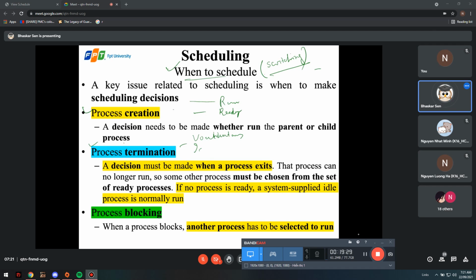Another one is involuntary. We already learned about that in the process part, right? Voluntary is usually done through a system call. That's a normal exit. An abnormal exit is basically when there's a deadlock and it happens through a hardware interrupt.